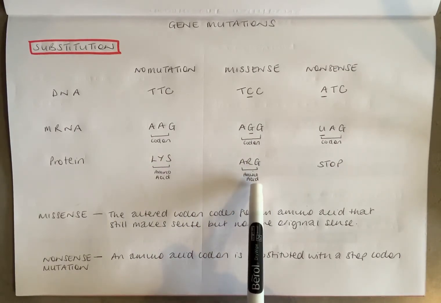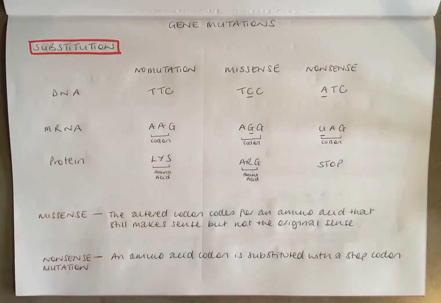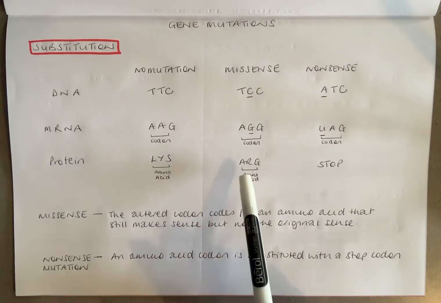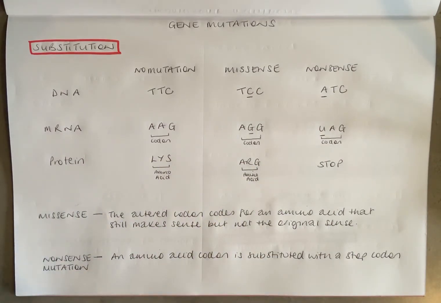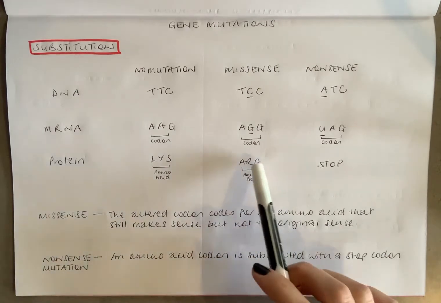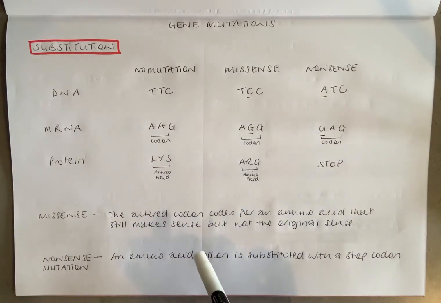What we tend to say with missense is it really depends on the type of amino acid that has been synthesized instead, and what kind of effect it has on the individual in relation to that overall protein. Sometimes it won't have an effect, sometimes it will, but it won't be fatal or cause major health issues, and other times it can be quite severe. It really depends on the role of that protein.